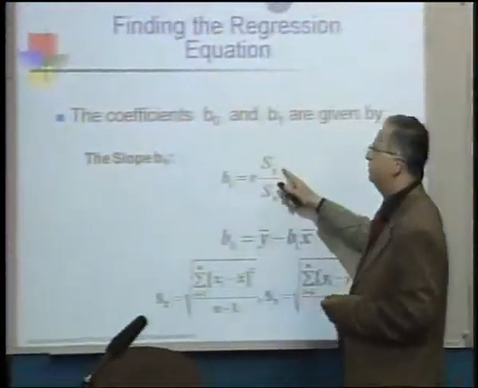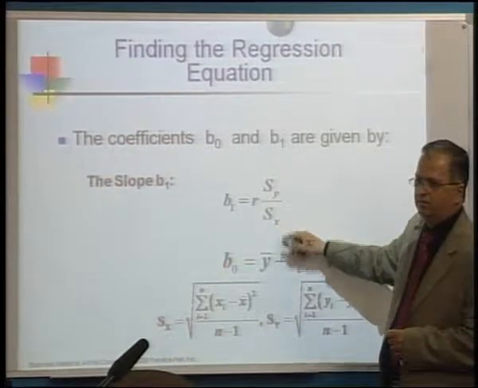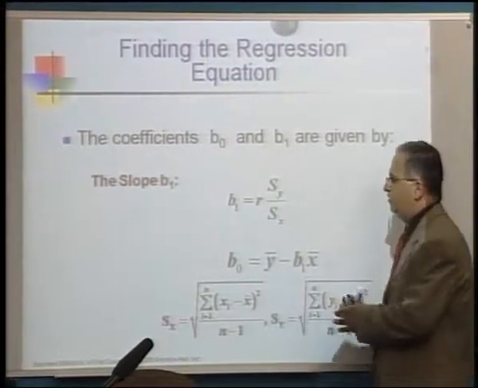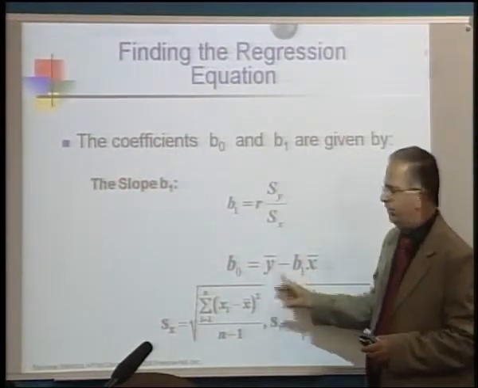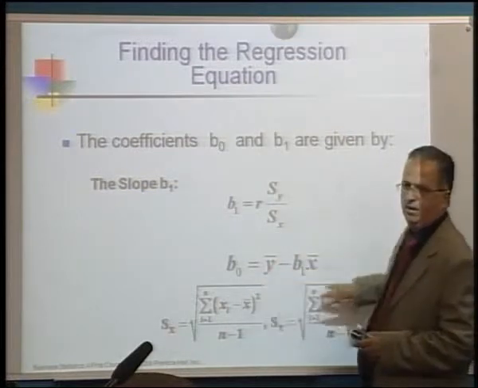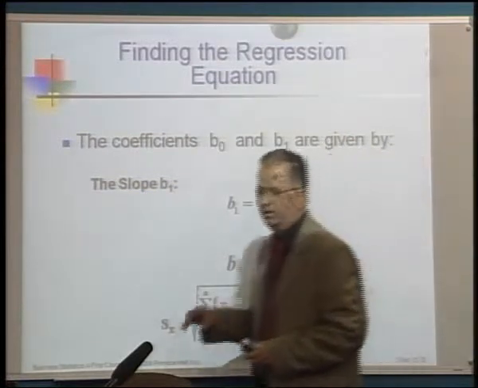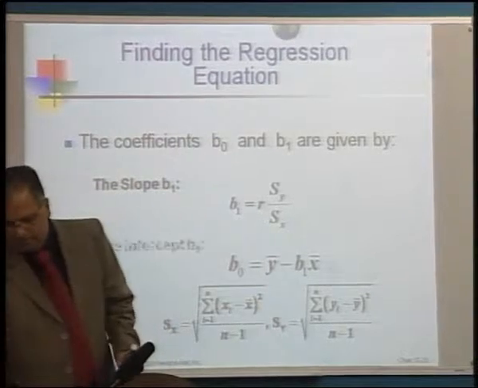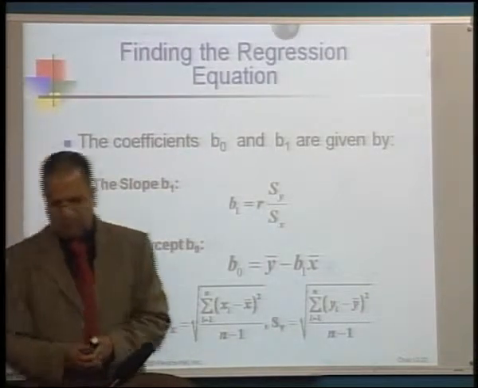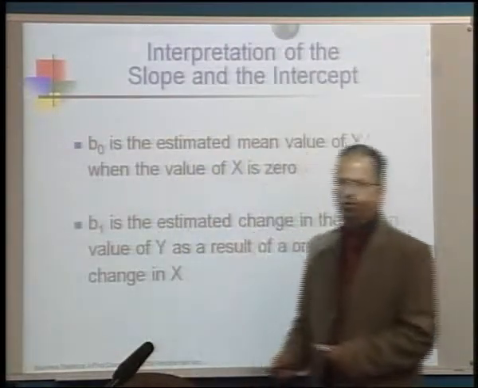B1 equals r times sy divided by sx. B0 is just y bar minus b1 x bar, where sx and sy are the standard deviations of x and y respectively. So this is how we can compute the values of b0 and b1.